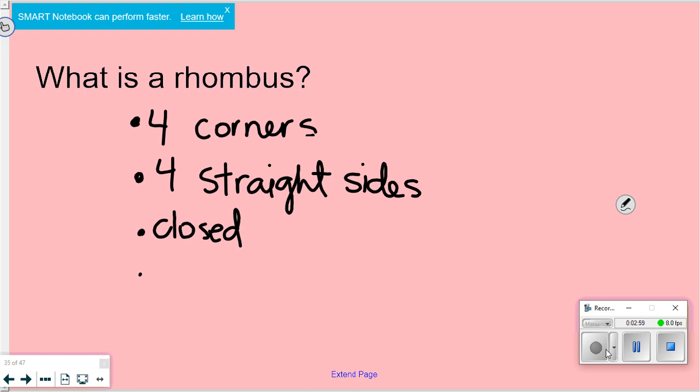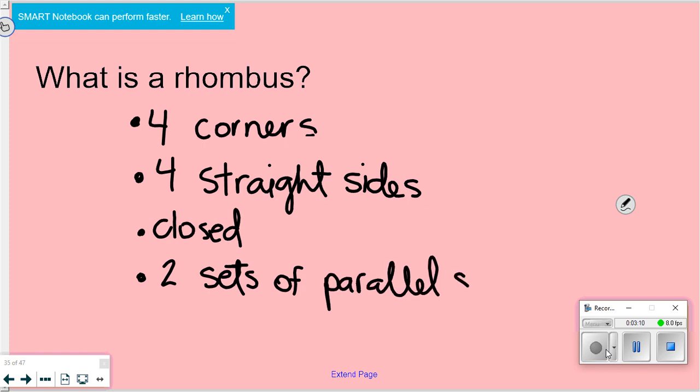It has to have 2 sets or pairs of parallel sides. Remember, parallel means that the opposite sides, if they keep going, will never ever touch.